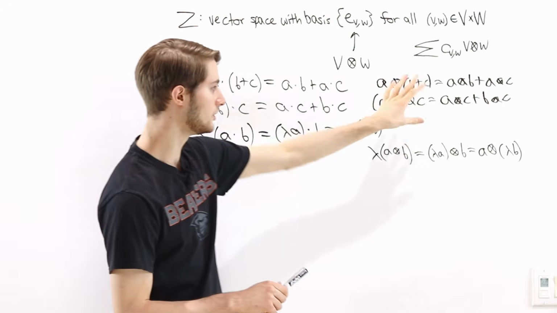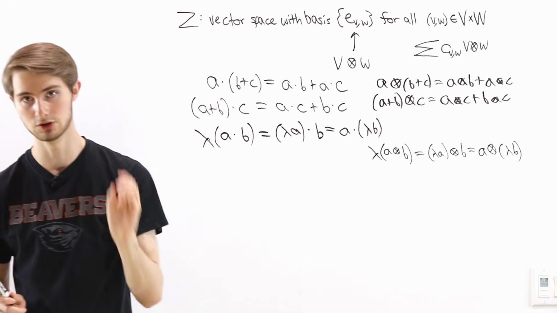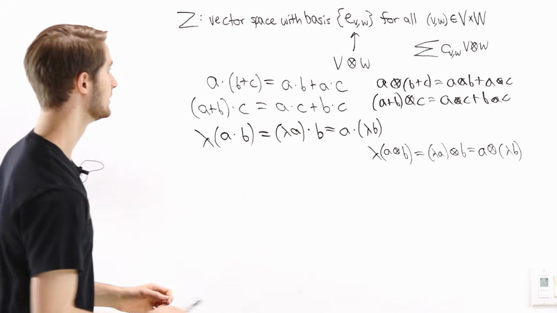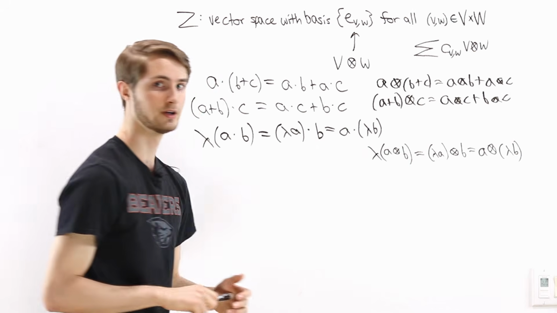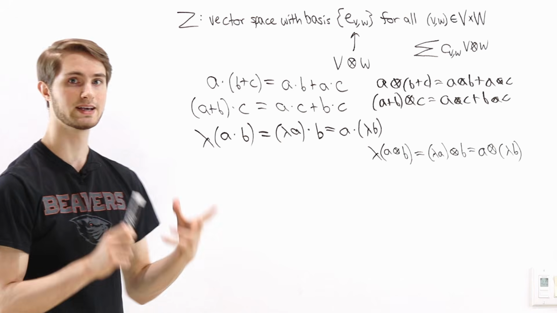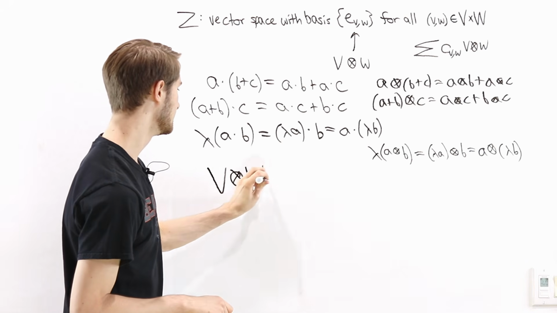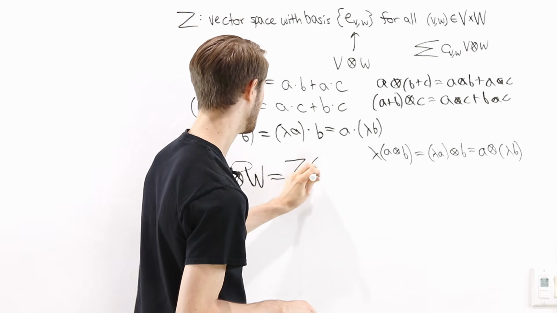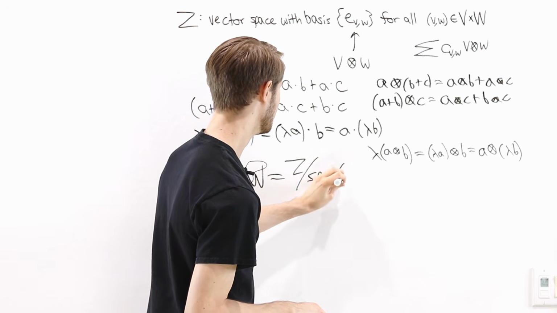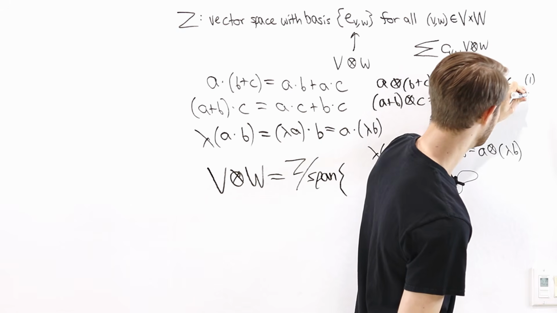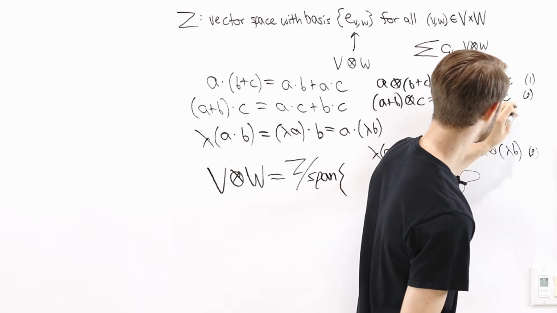So these relations are all set up to make the tensor product look like an actual product, look like multiplication. And these three relations are the ones that we're going to use to make that tensor product. V tensor w is equal to z mod the span of these three equations. So I'm going to go on the side and call these 1, 2, 3.